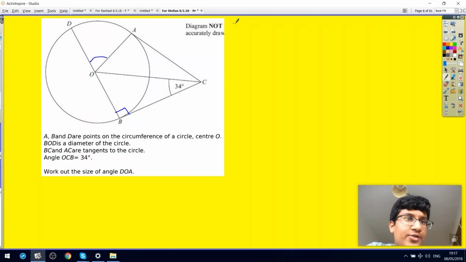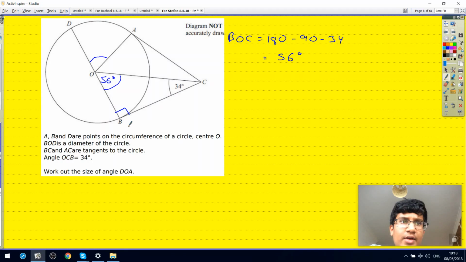Okay. And we know that angle, we'd use the same. Do we know any other angles in the triangle OAC?